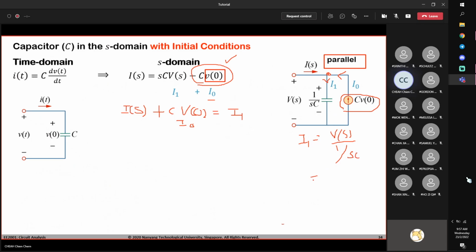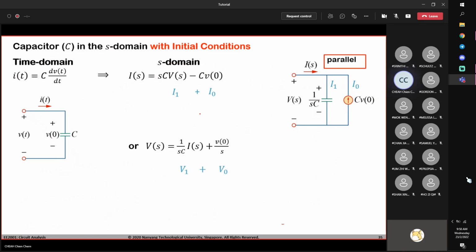With manipulation, you get SCVS, which is exactly this term. So I1 is equal to SCVS because here you have a parallel combination. When you have currents, you add them up, so you have parallel combinations according to Kirchhoff current law.